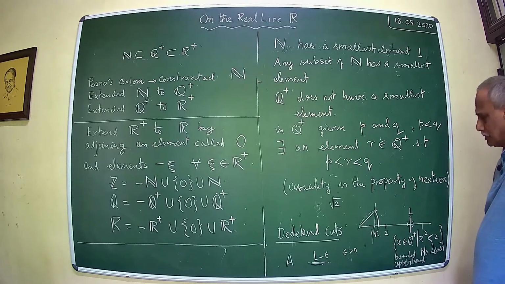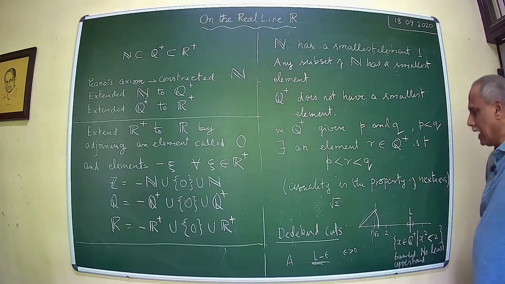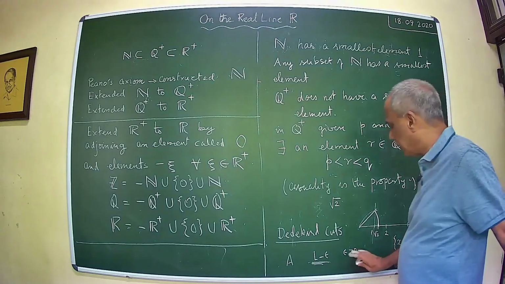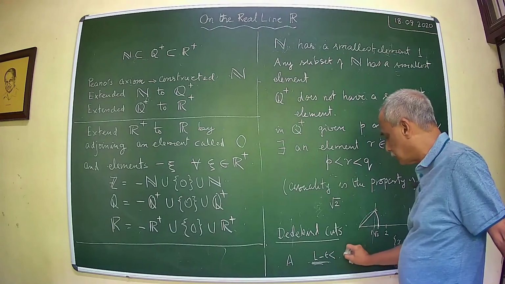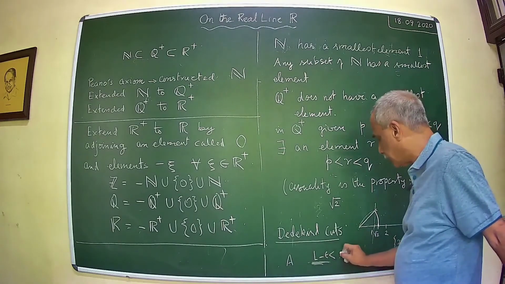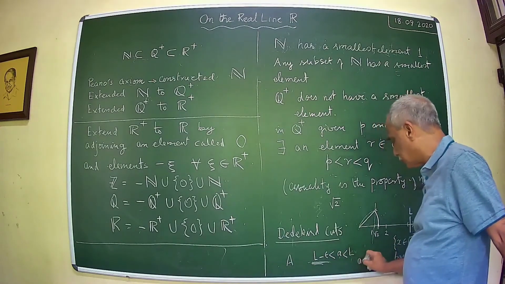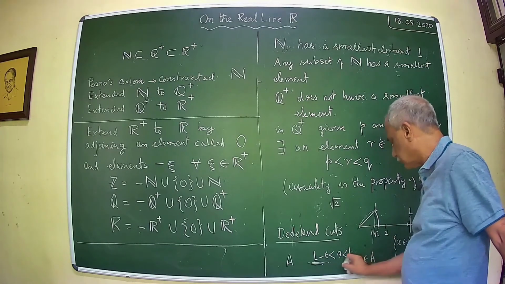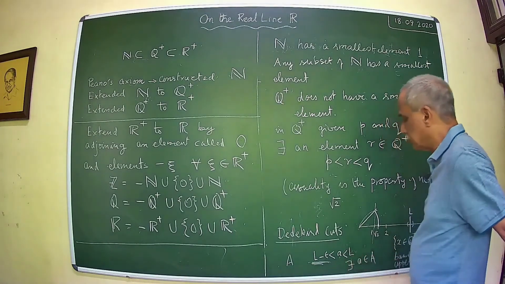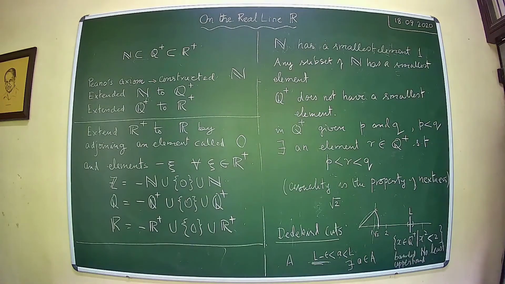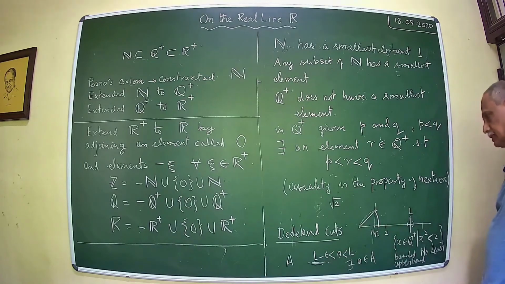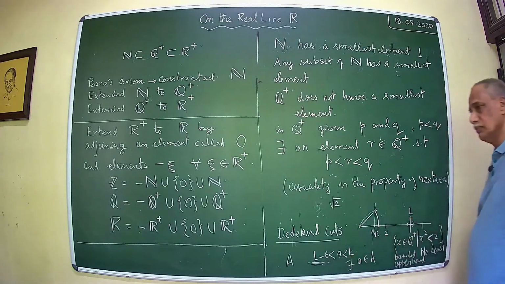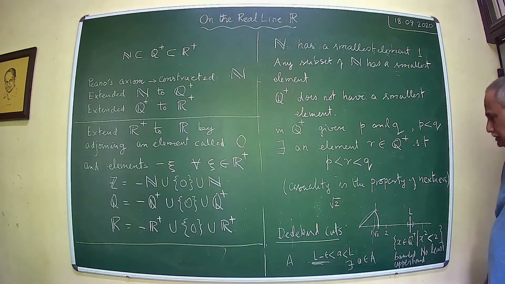Then what happens is, if you take L minus epsilon, between L minus epsilon and L, you can find an element of A, so L minus epsilon is no more an upper bound. It fails to be an upper bound. This is true for every choice of epsilon. And this is what you mean by least upper bound.